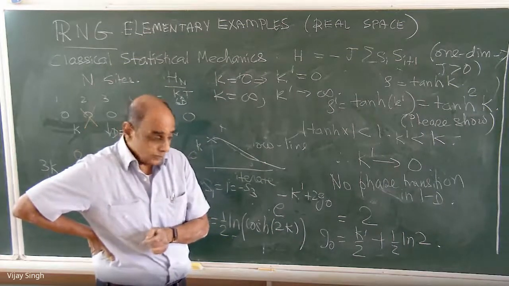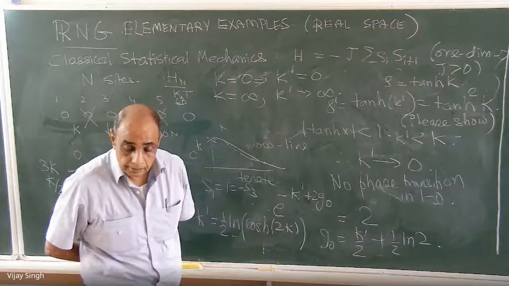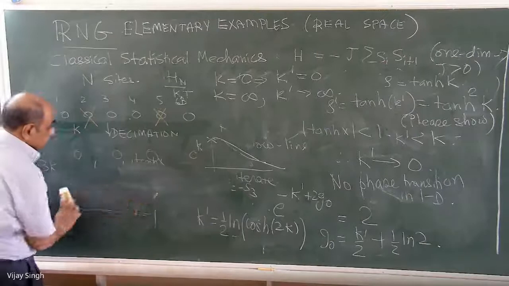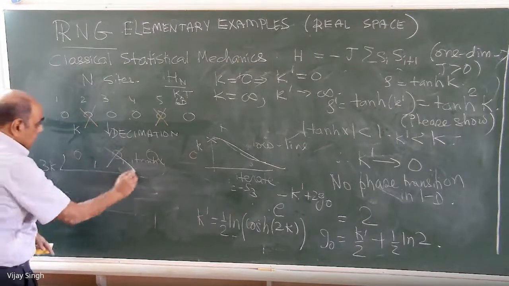You showed the composition of those functions, f of k. So where is that used? You said we'll decimate repeatedly, but have we used that anywhere in this calculation? We've just done it once, right? You can do it over and over again. Now you have these sides. Take these two. Remove this.